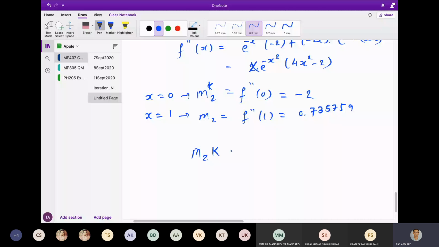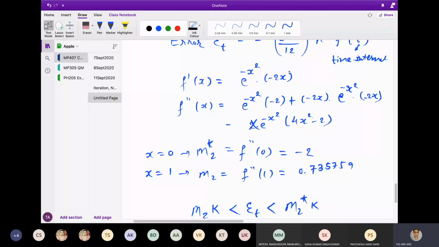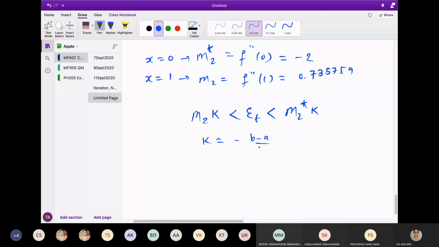M2 k less than epsilon t less than M2 star k. K is nothing but this factor, this one. So k is equal to b minus a divided by 12 into h square. Okay, so that is the factor that we are having. So this is going to be 1 minus 0 by 12 into 0.1 square.